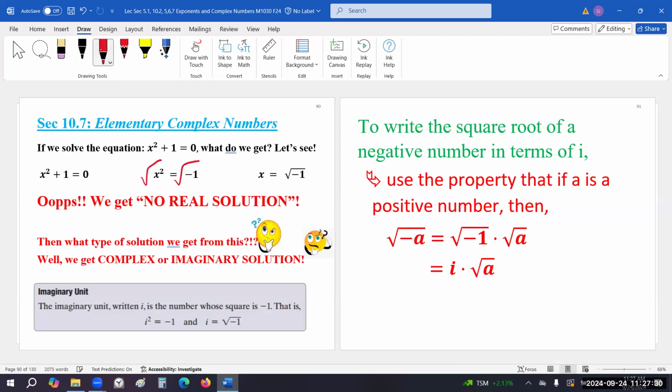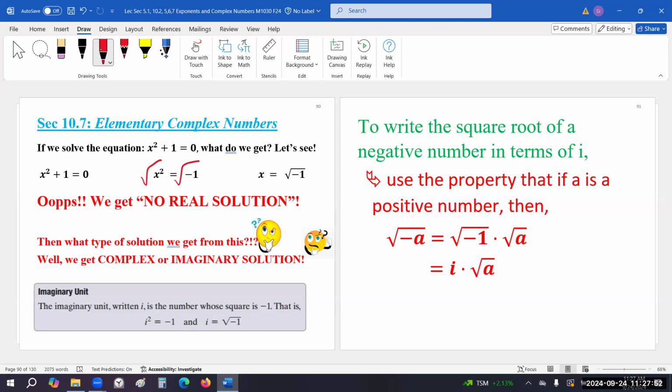We take the square root. But square root means find the same number which, multiplied twice, gives you the result negative 1. In real life, there is no number that when you multiply it by itself turns into a negative. It's not possible. So this time we bump into a problem.